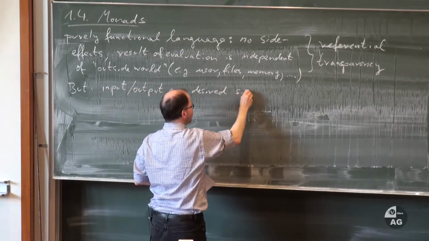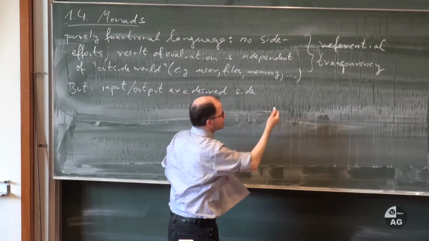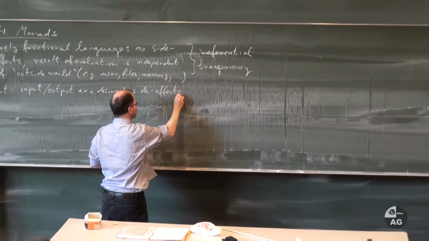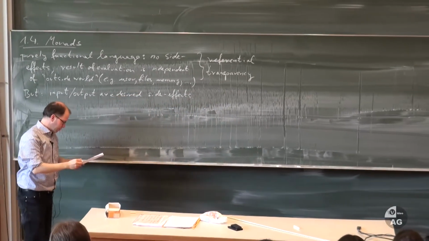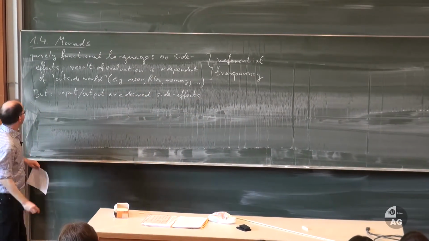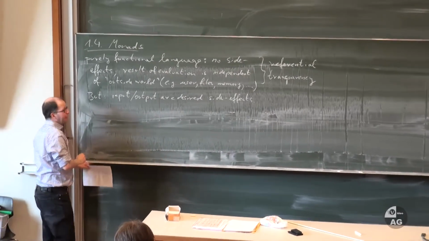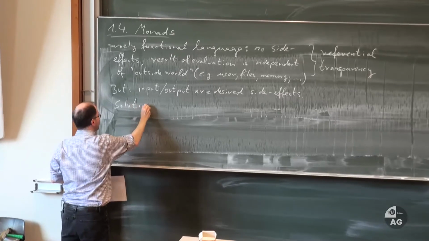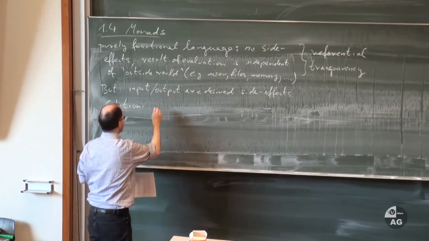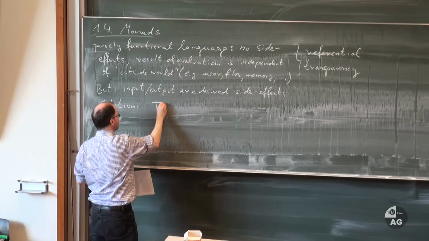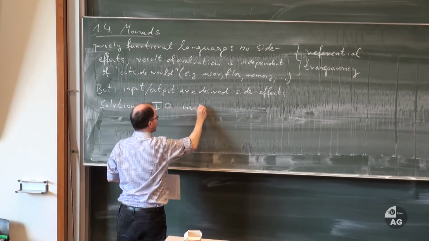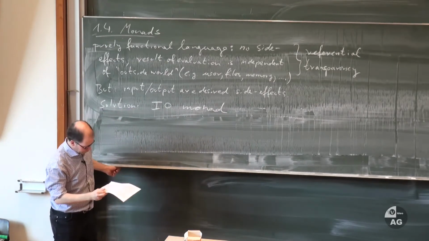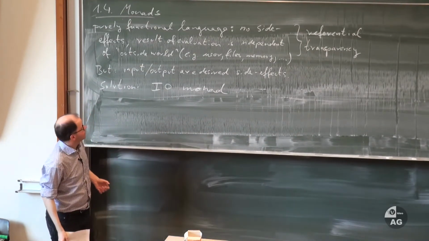So we would also like to have input and output, but we would like to maintain referential transparency. So the question is how to combine both. And the solution is we use so-called monads, and we use a so-called input-output monad. And that's what I'm trying to introduce in this lecture.